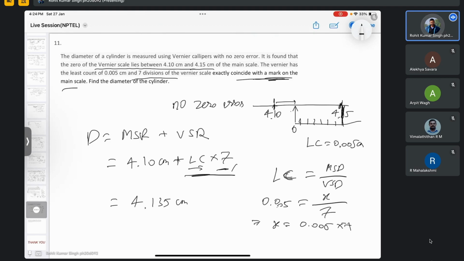This distance we don't know, and that we have found using this formula. Up to 4.10 we know precisely, because the zero of the vernier scale lies somewhere between that.